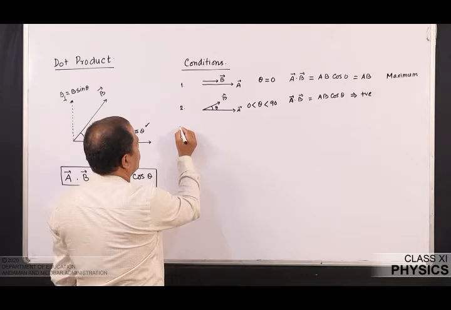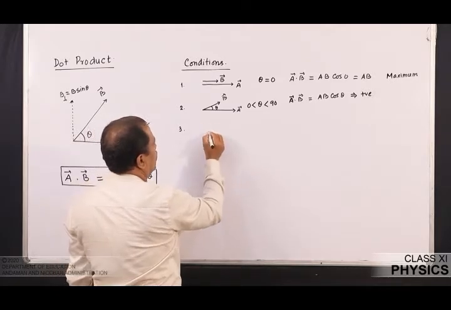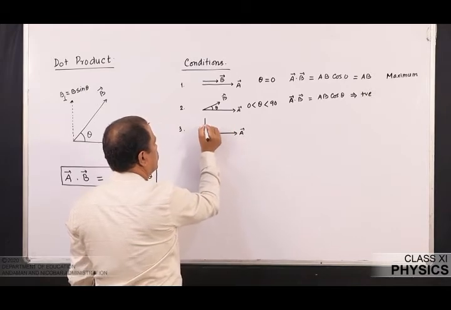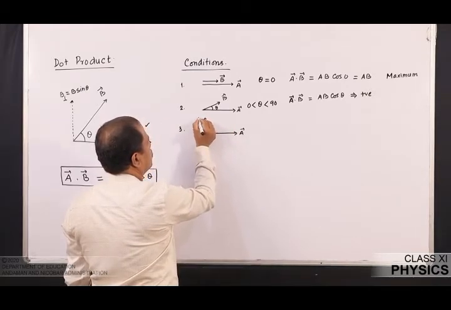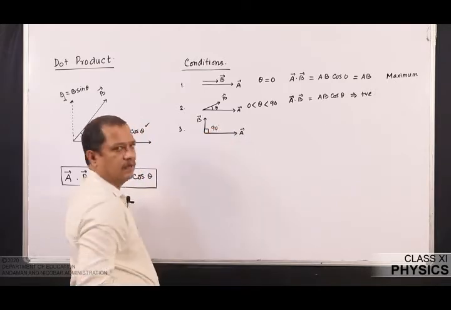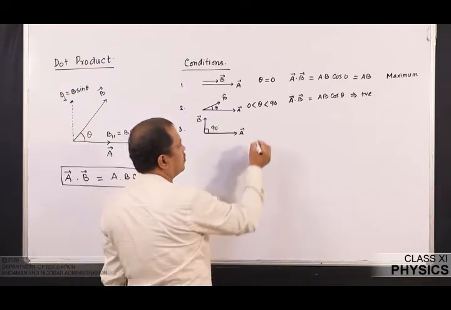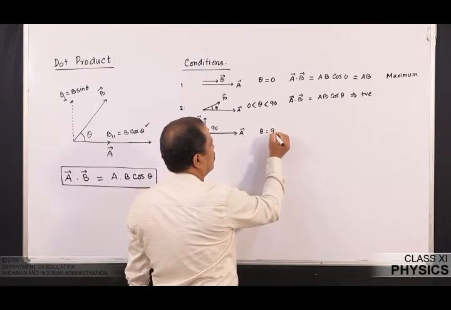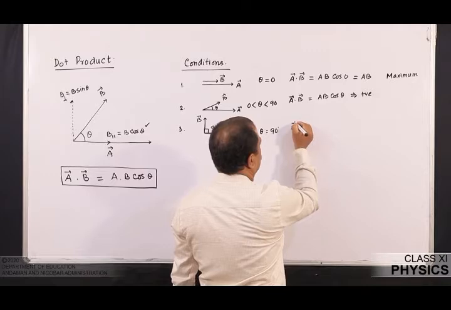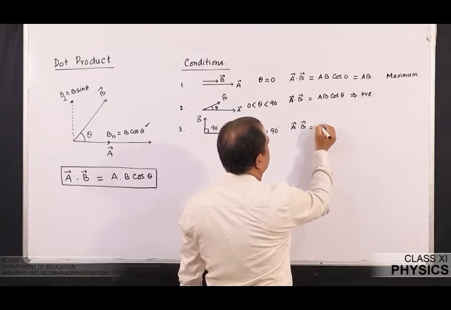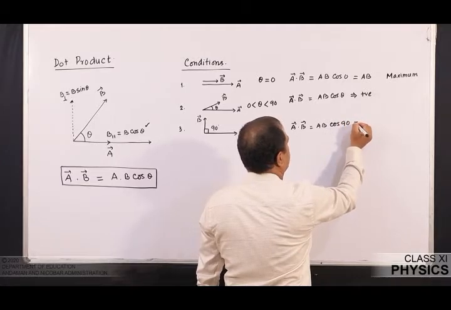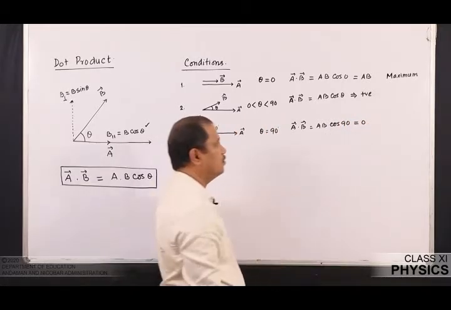Third condition: I have vector A, the other vector is like this B, and the angle between them is 90 degrees. In that case, theta is equal to 90 degrees, and when I find the dot product of the two, A dot B is AB cos 90, and we know that this is going to be 0.